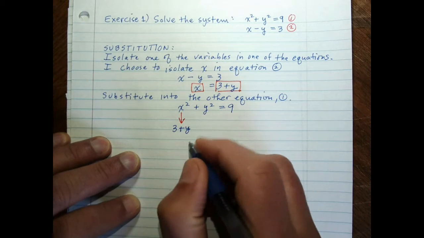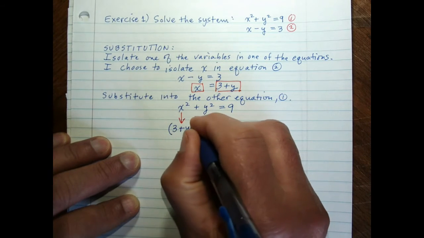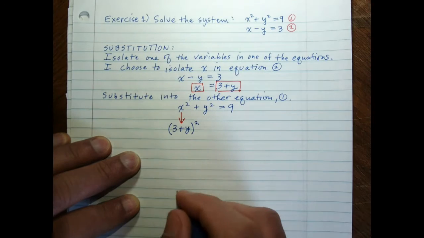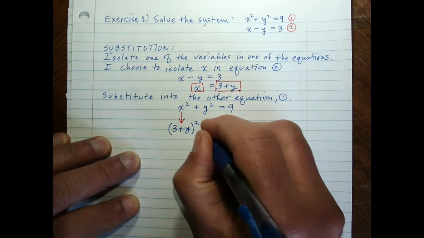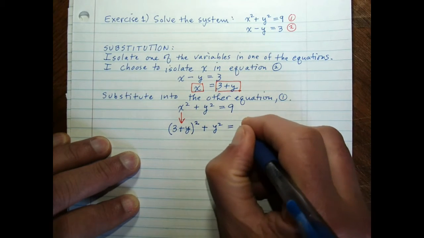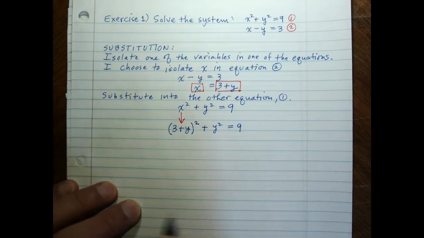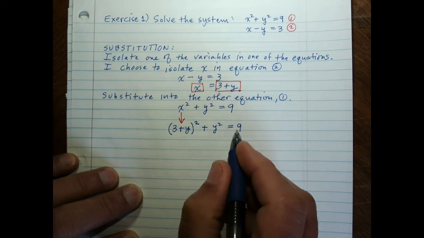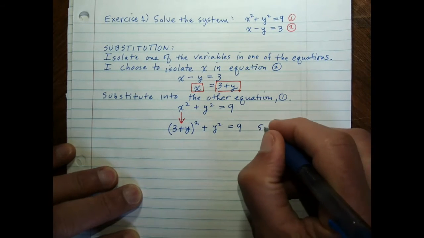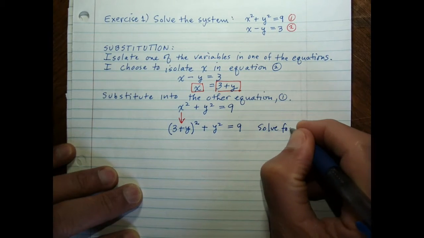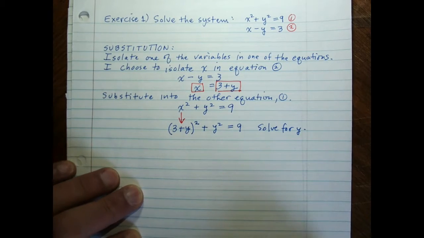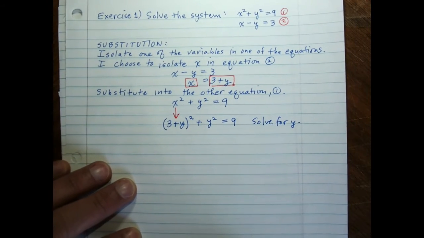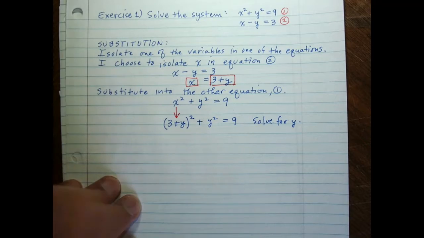And since I had x squared, I need to take the quantity 3 plus y and square it, plus y squared equals 9. And now I have an equation in one variable that I can solve for y. So the idea of substitution is you obtain an equation in one variable that you can solve.